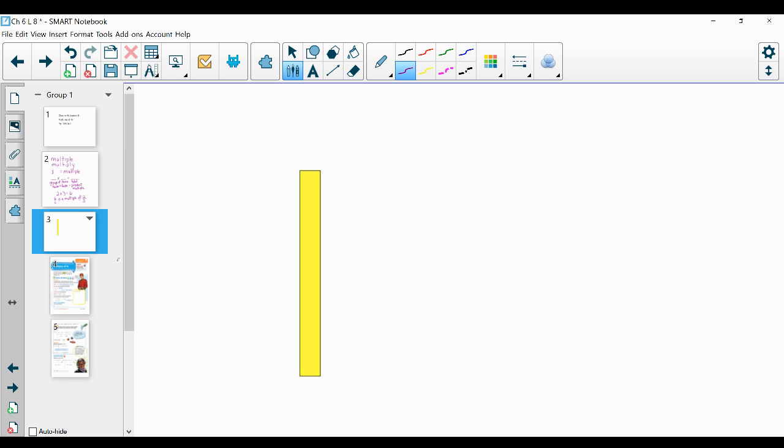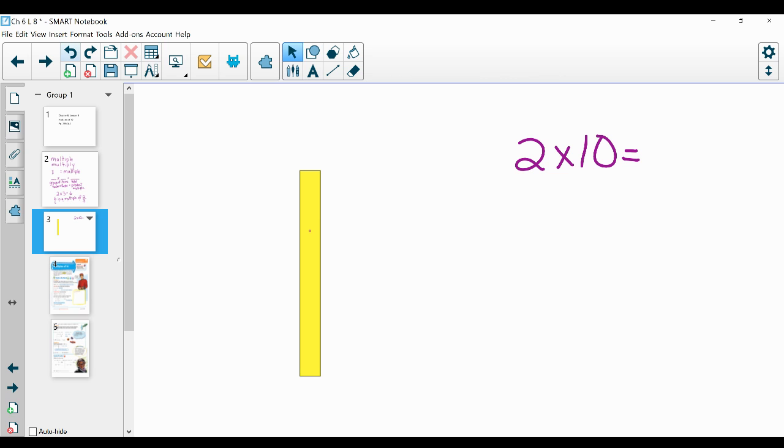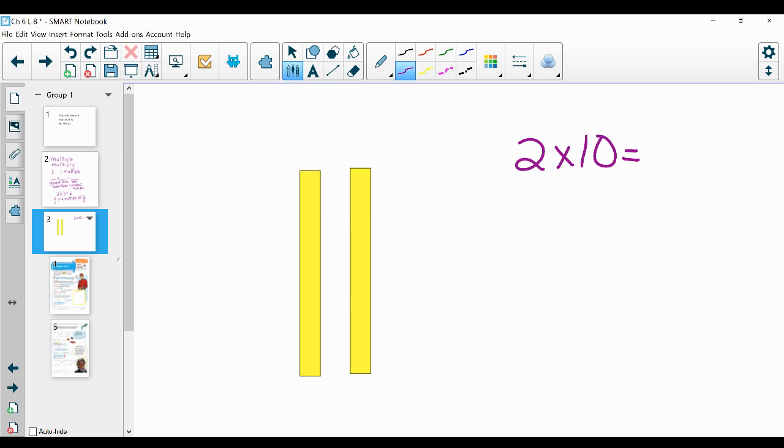When you are multiplying 2 times 10, you're really making 2 tens. So 2 times 10, you have 2 tens, 10, 20. So that equals 20.